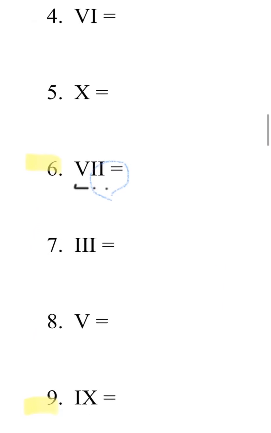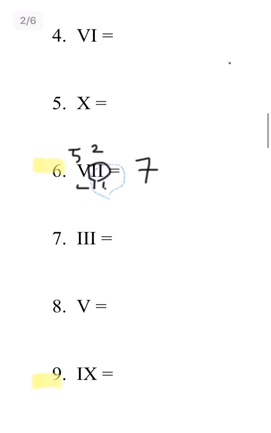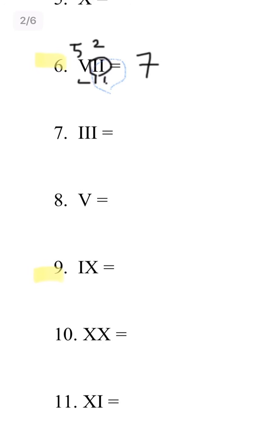And then whenever it comes on your left, then you subtract it. So what I mean by that, that's 5. And then since that's smaller and it comes on your right, you would add 2, okay? Since that's 1 and 1. So then that equals 7, okay? Hopefully that makes sense. Let's look at number 9.